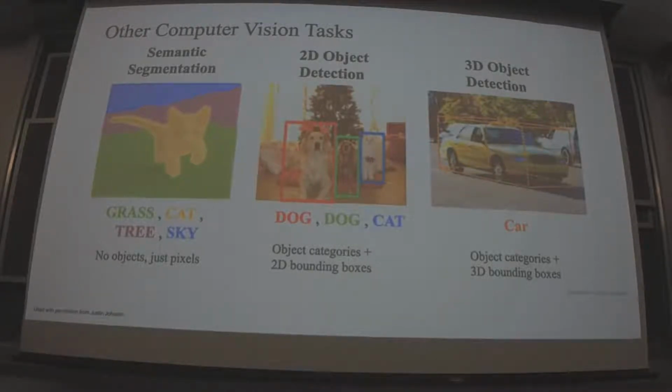But obviously we live in a 3D world. These images are just 2D projections, and if we have the right training data, we can learn to do even more complicated tasks like drawing 3-dimensional bounding prisms, not boxes anymore, around these objects.